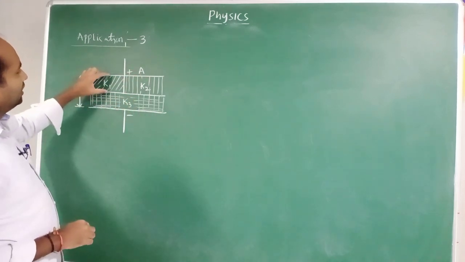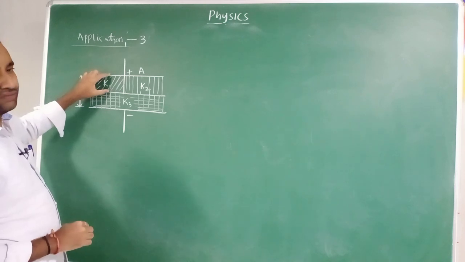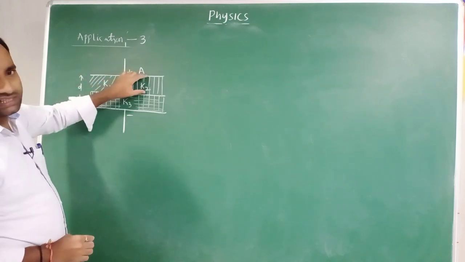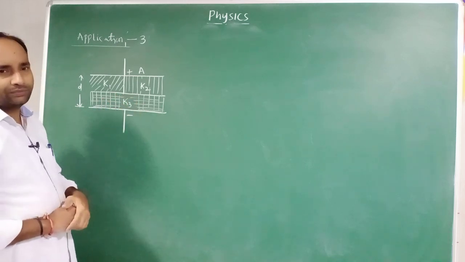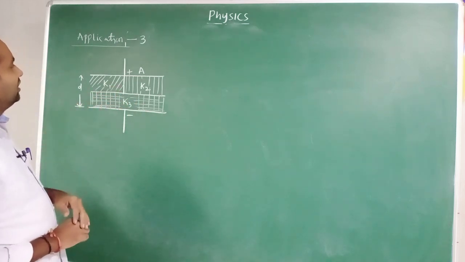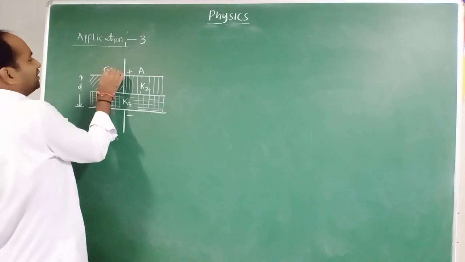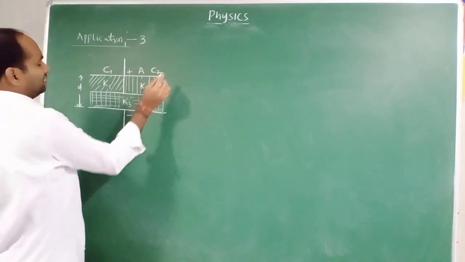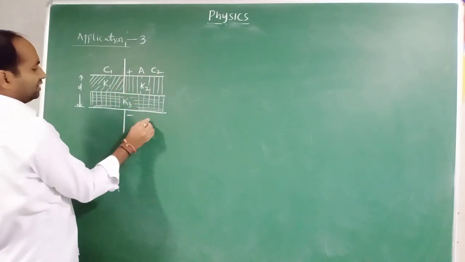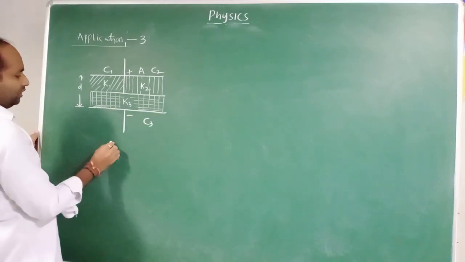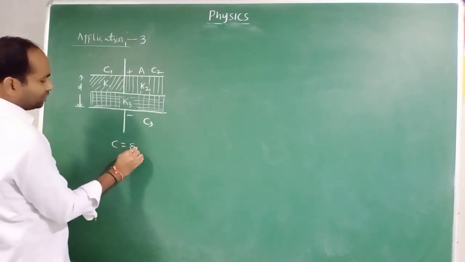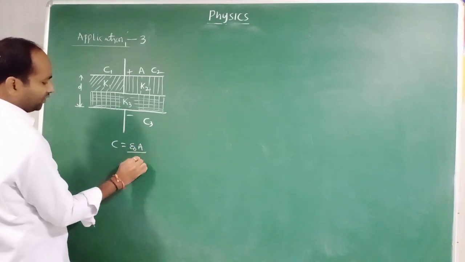Here you should take this part as C1, the first capacitor, this as the second capacitor C2, and finally the entire part is the third one, C3. What is C here? C is equal to epsilon naught A by D.